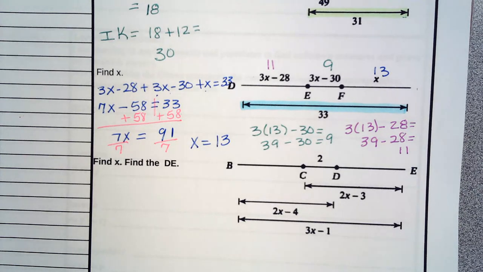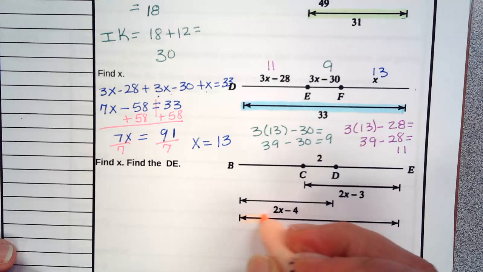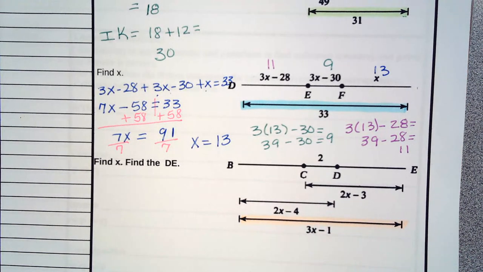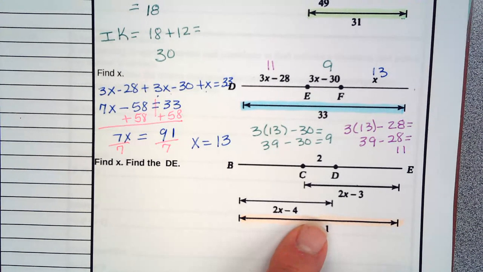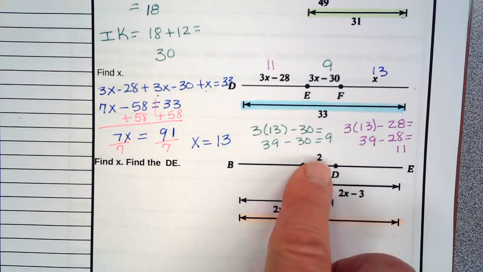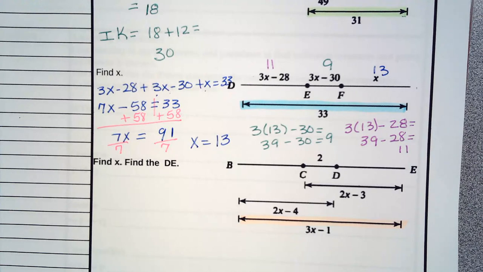Well, we know that the whole thing is 3x minus 1. If I'm looking here, I've got an overlap. I know that overlap is 2. How does that affect this?